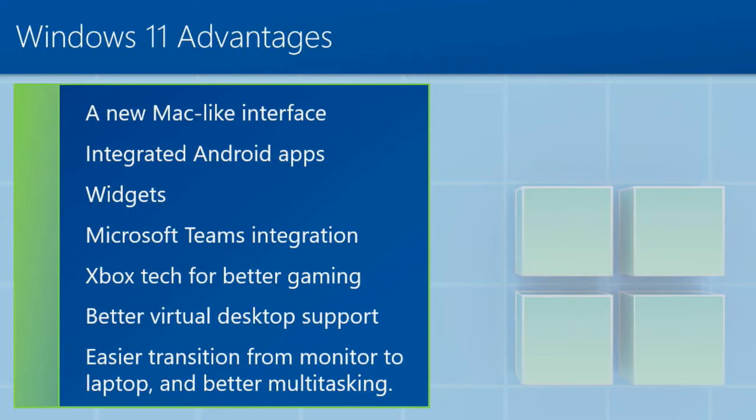With Windows 11, you can actually integrate Android apps and your Android phone right into the Windows 11 operating system. They also give you the ability to go back to using widgets. Now, you may remember the desktop widgets when they first came out with Windows 7 and then Windows 8. So they've added some widgets back in so that it gives you the ability to add little personalization things that you like to your desktop.